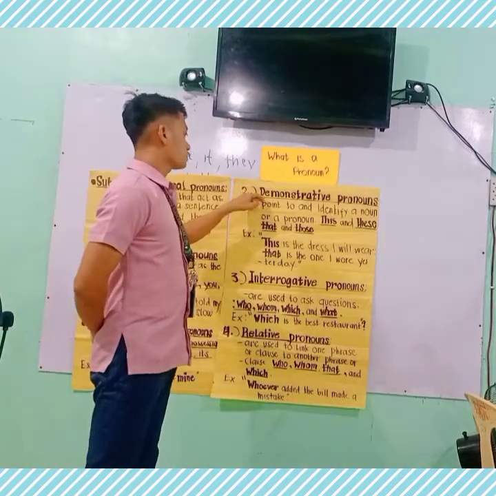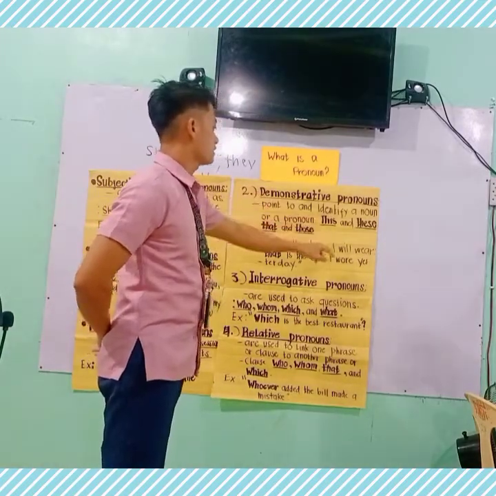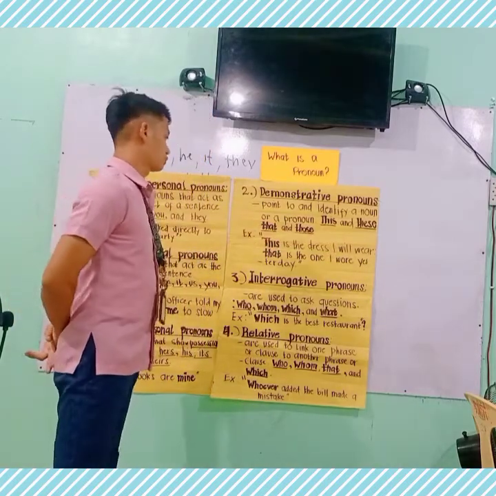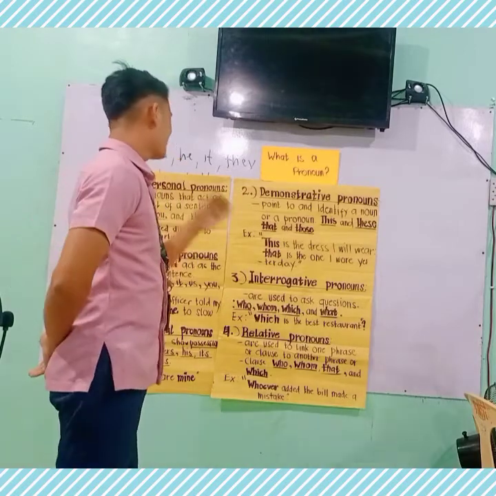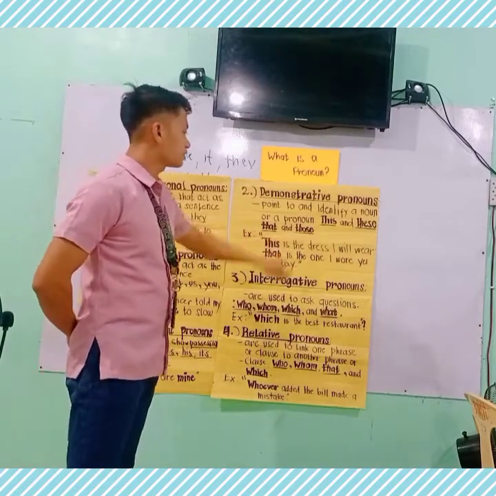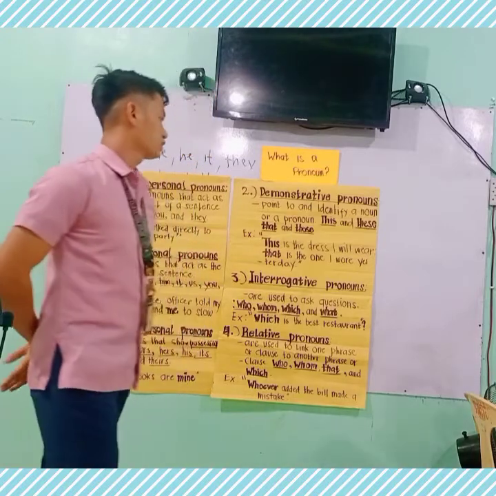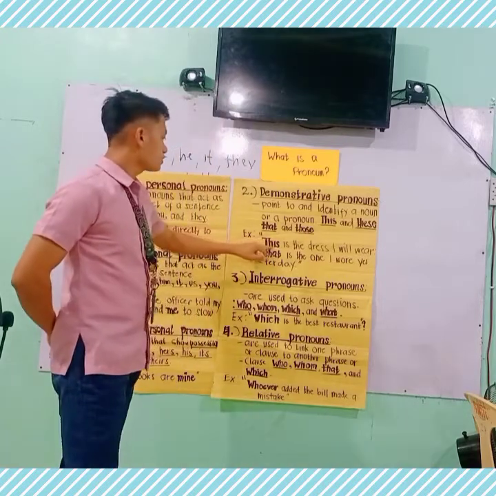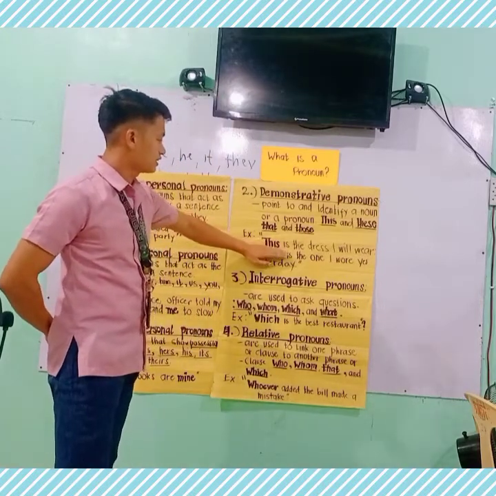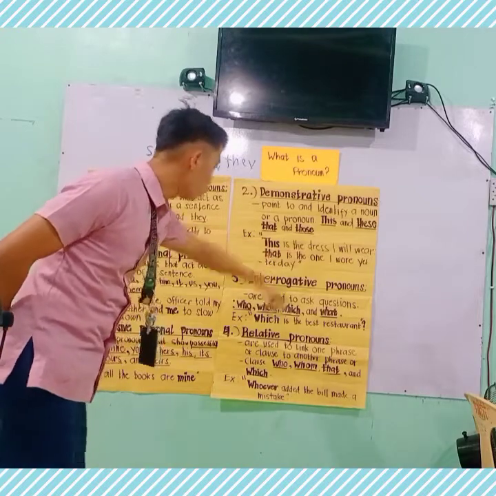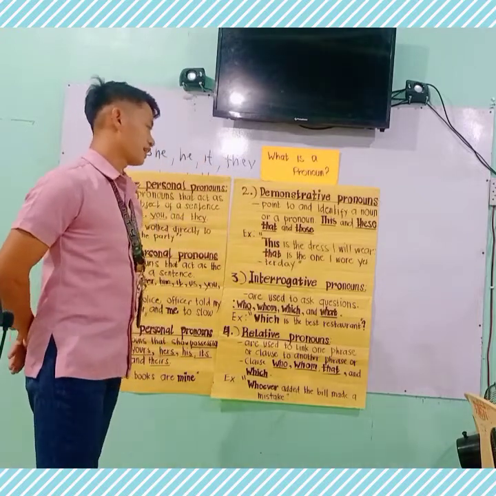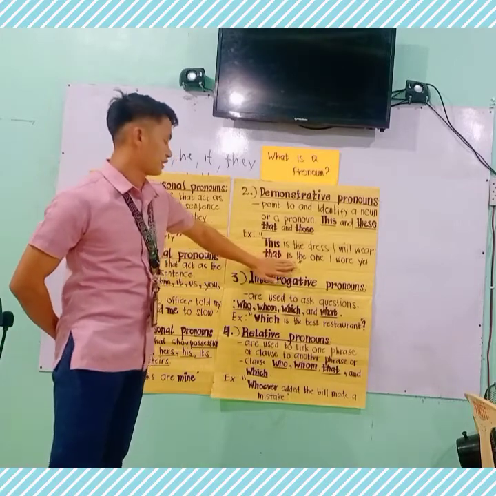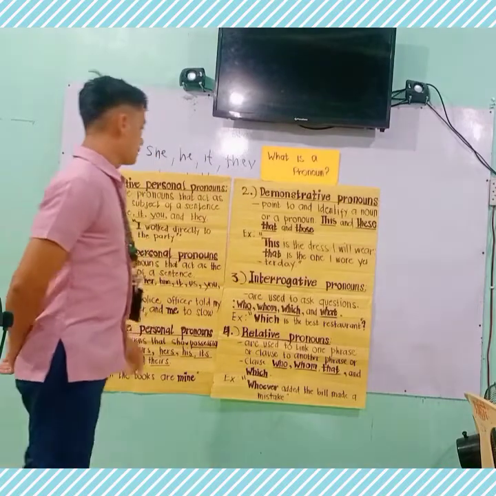So, the demonstrative pronouns are this, these, that, and those. So, here's an example. This is the dress I will wear. So, the demonstrative pronoun here is this. And that is the one I wore yesterday. And the demonstrative pronoun here is that.